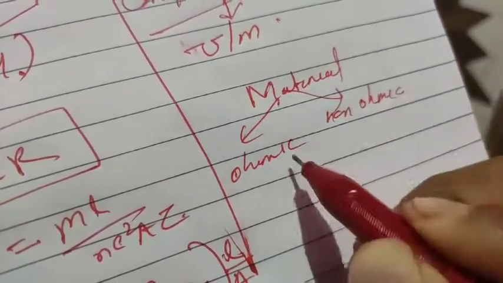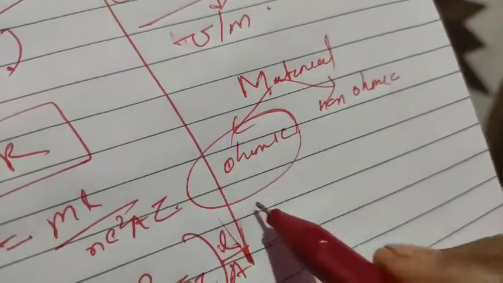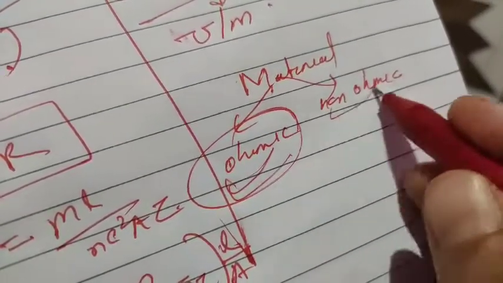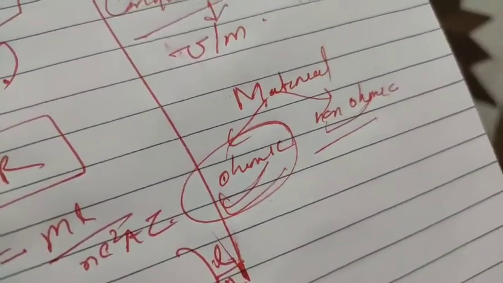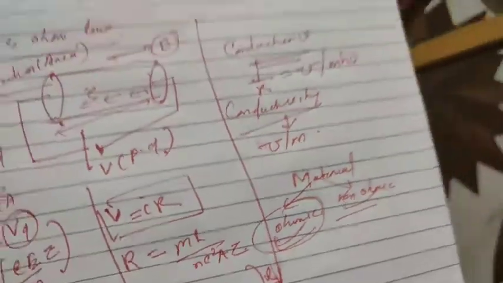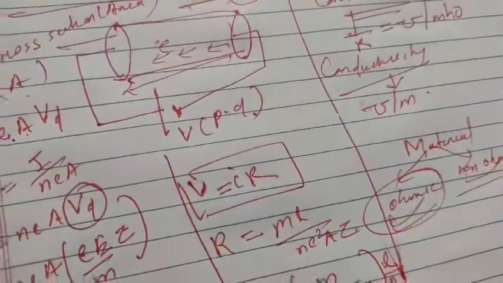What is ohmic, student? The material which follows Ohm's law is ohmic. The material which does not follow Ohm's law is non-ohmic. Clear to you? I hope you are understanding the concept.